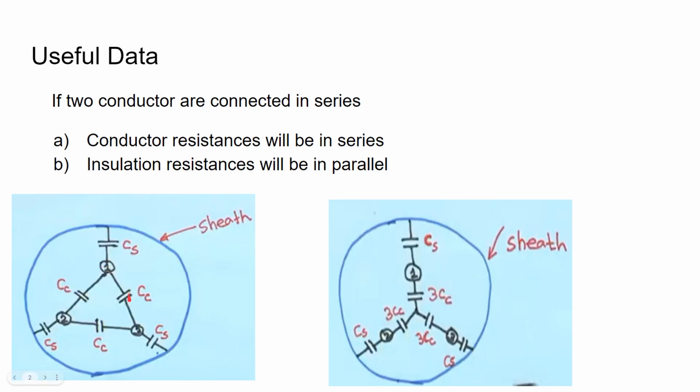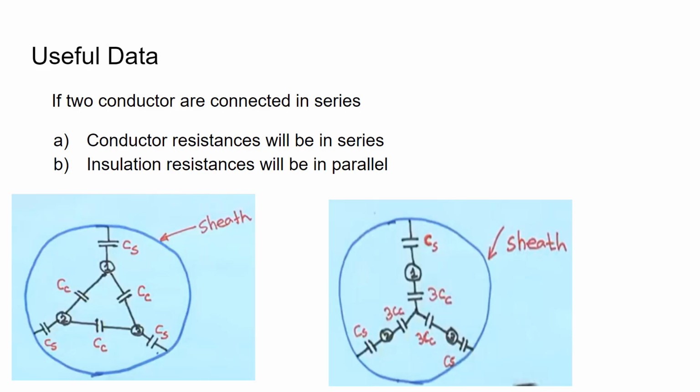Here, Cc denotes the capacitance between two cores, whereas Cs denotes the capacitance between the core and the sheath. So this is the delta equivalent representation, right? If we convert this to star, we will get it as 3 Cc, and this whole diagram is the equivalent representation of the core and the sheath.